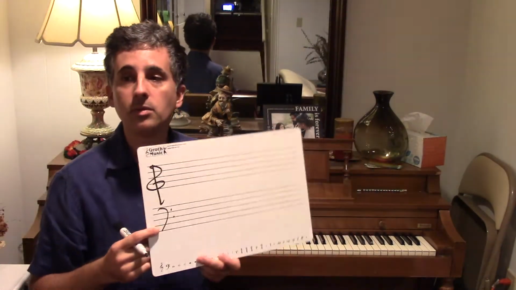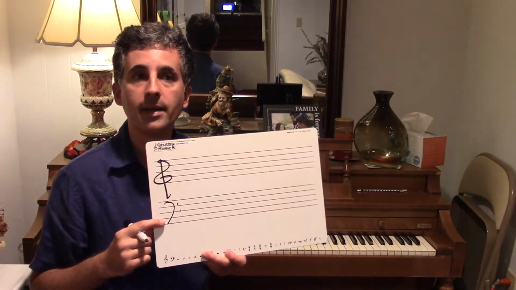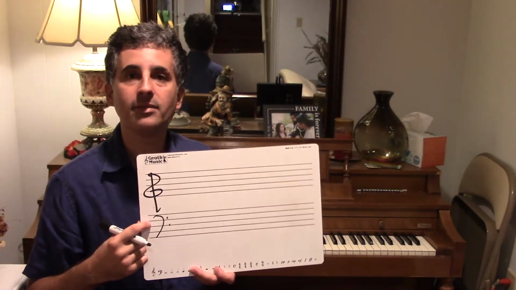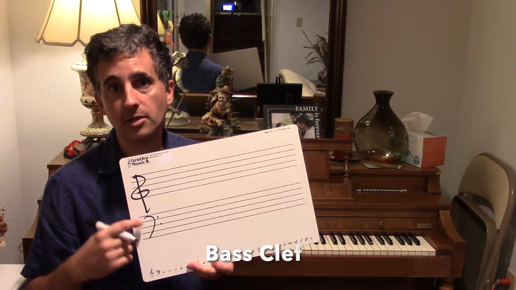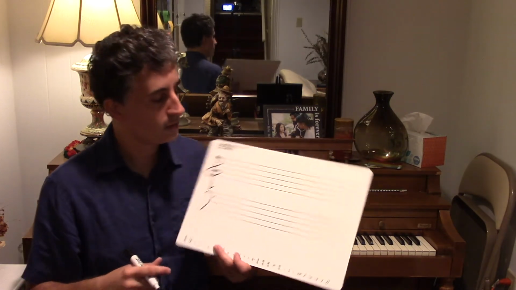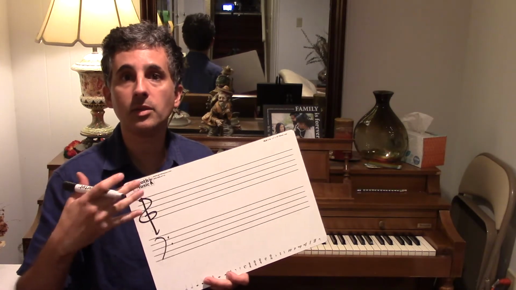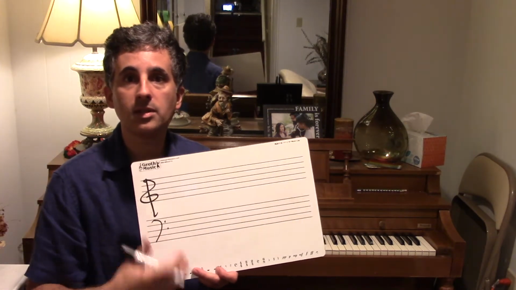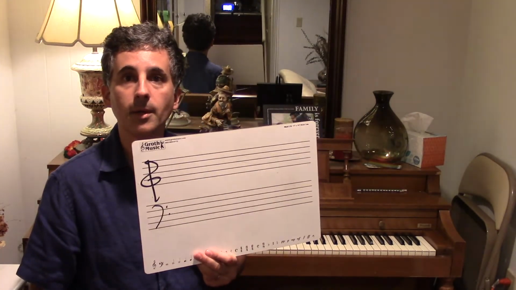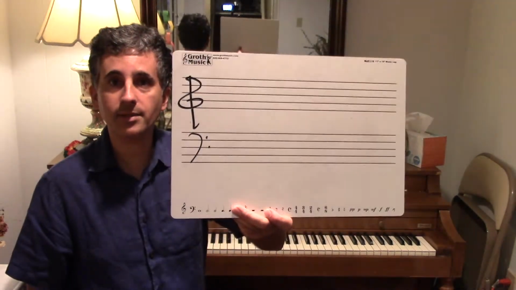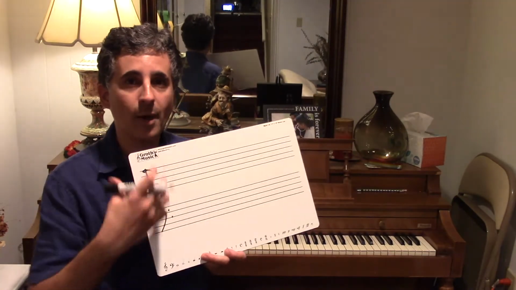For those of you who play cello, string bass, tuba, you're going to use this clef, the bass clef. These are lower pitches. Some of you have played piano. You notice that the right hand has higher notes and the left hand uses lower notes. So when it comes to reading music, you're going to be looking at this, and we're going to figure out how we're going to put our notes on here.